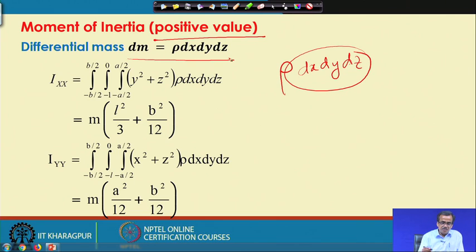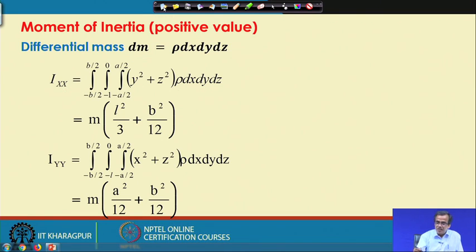Now, the moment of inertia about x, that is I_xx, is nothing but a triple integration of r square, that is y square plus z square, times rho dx dy dz, and now we will have to decide the limits of integration. First we concentrate on dx, then dy, and after that dz.